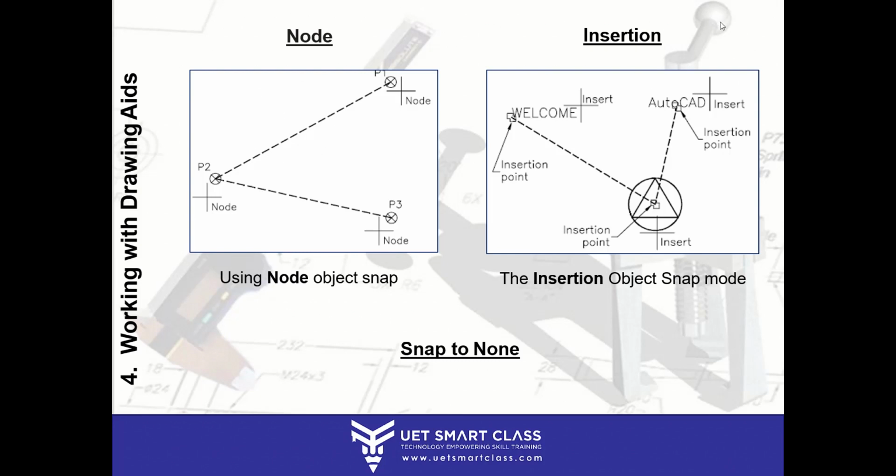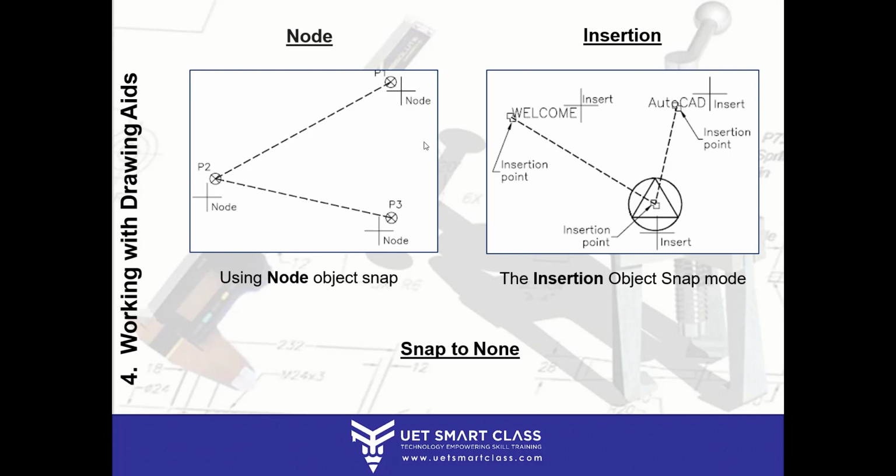All right. The next is insertion. This is used when you insert an image or an XREF in your drawing. Then this insertion point comes. It will show you an insertion point wherein you can make sure wherever you want to insert your image on your drawing, and then it will copy that image and paste that particular block or image in your drawing.